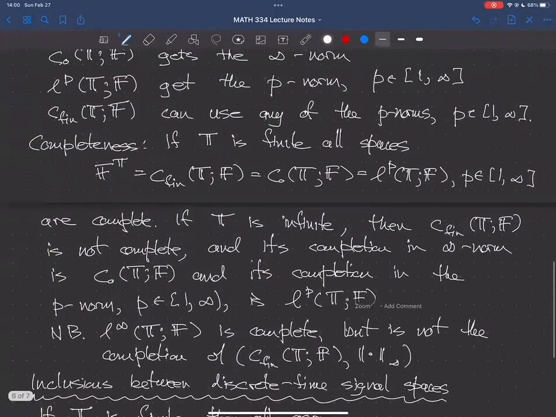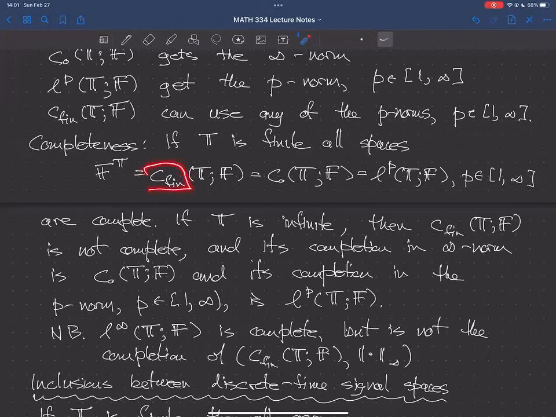So what are the spaces we're talking about? It's these ones. Certainly, this is the biggest one, the space of all signals, and this is the smallest one of the ones I have listed here.